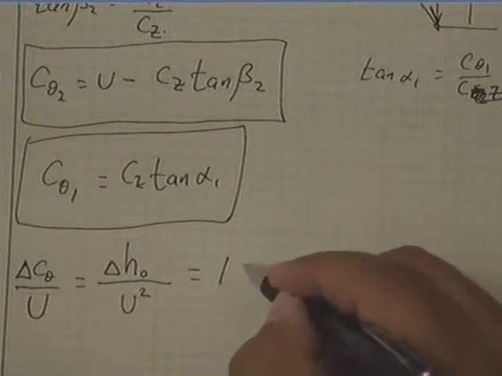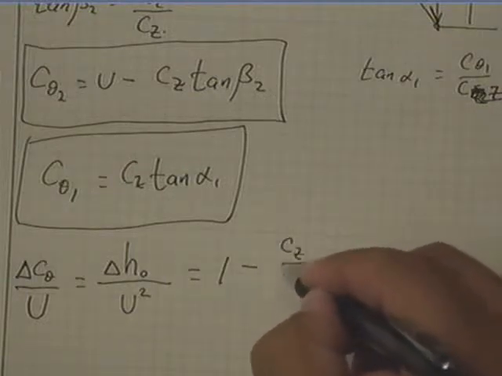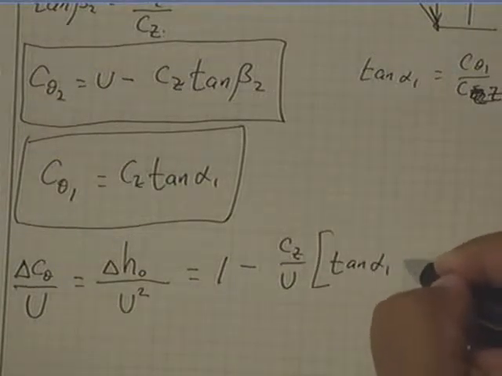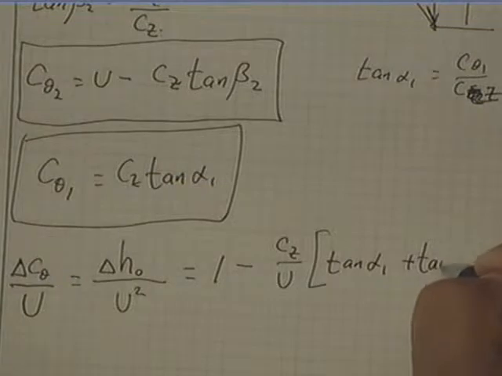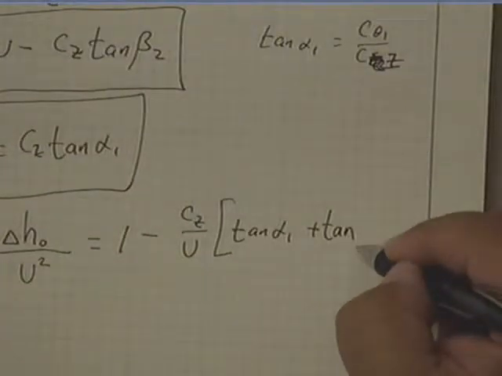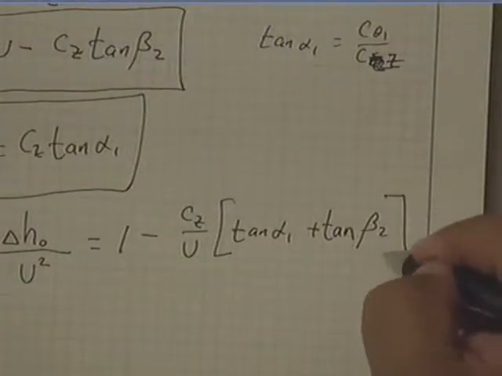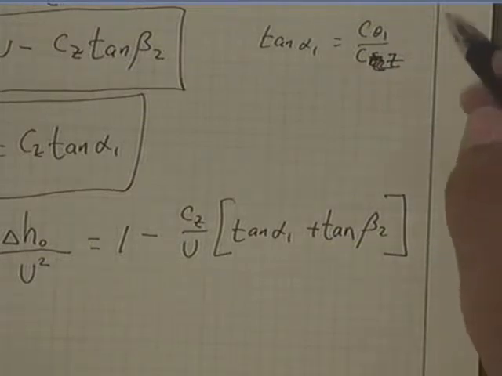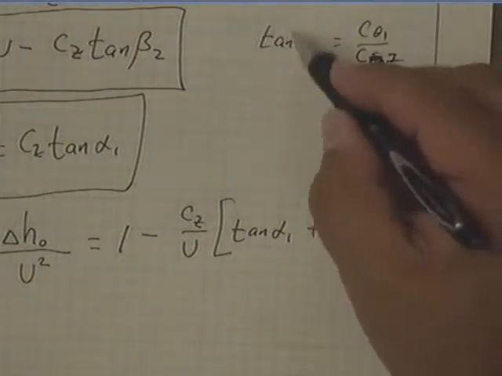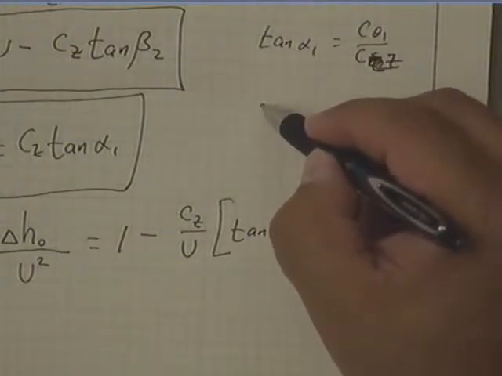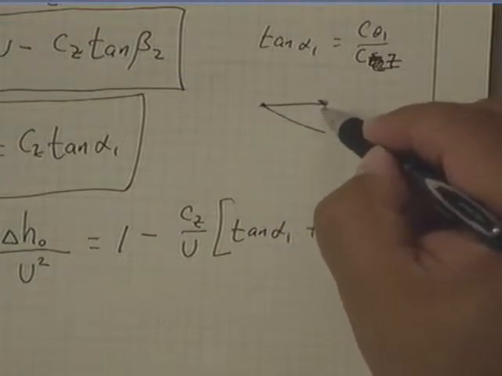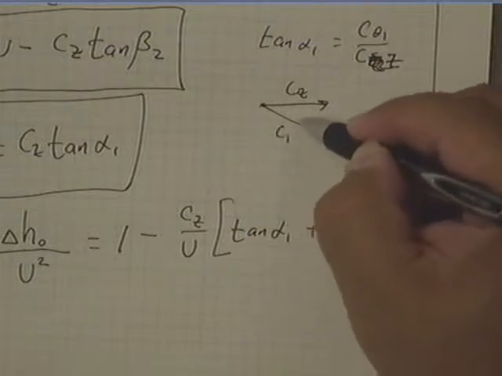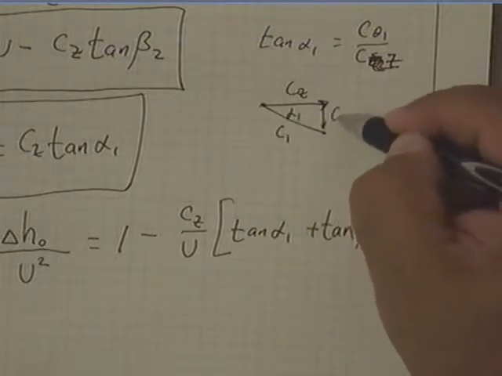And this is nothing more than 1 minus CZ over U tangent alpha 1 plus tangent beta 2. By the way, this is at station 2. This is obviously at station 1, and this is just simply CZ, assuming CZ is the same between 2 and 1. This is C1, this is alpha 1, this is C theta 1.